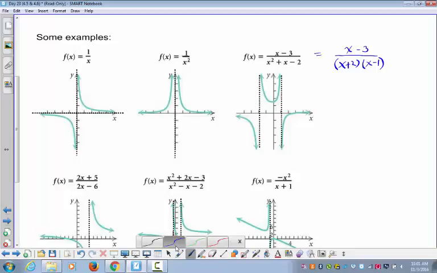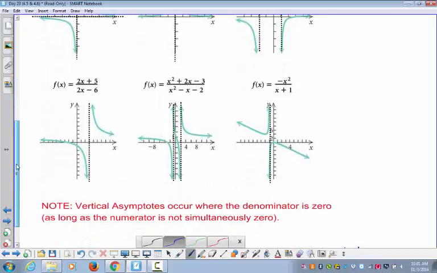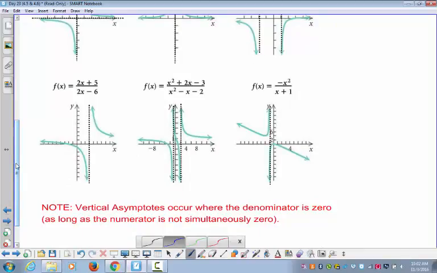Now, let's take a look at these three also. Factoring the denominators here allows us to see those vertical asymptotes. I'm just going to focus on the denominator here for these. So the denominator here is 0 when x is 3, and 3 doesn't make the numerator 0, so we have a vertical asymptote at 3.